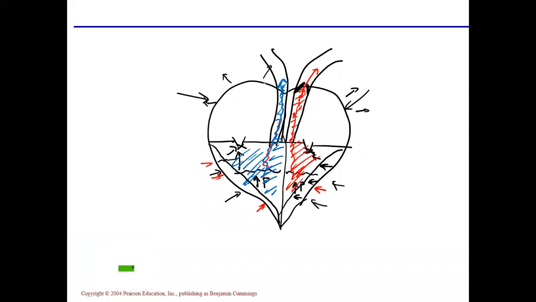The blood is exiting the heart, and because the pressure inside keeps going higher and higher and higher, it is enough to open up the SL valve. So during this phase, SL valves are open. During the 2A phase, the SL valves were closed. AV valves were closed as well.